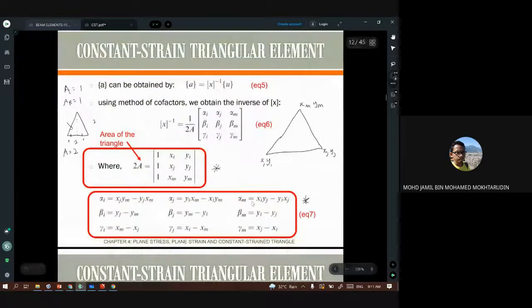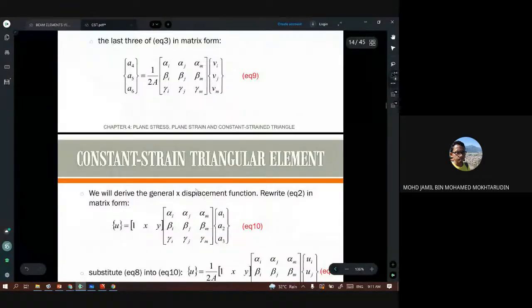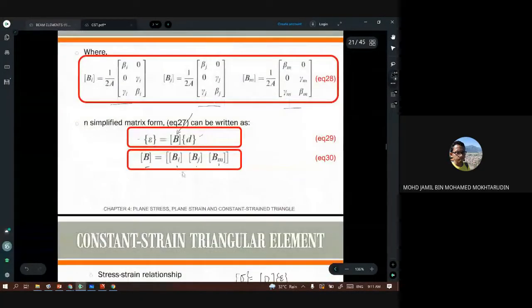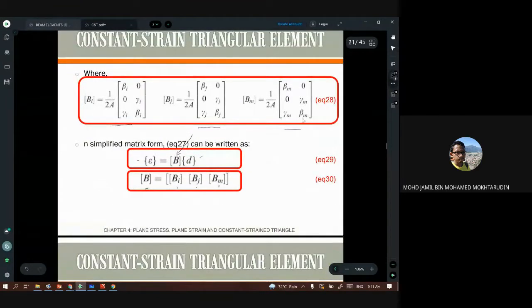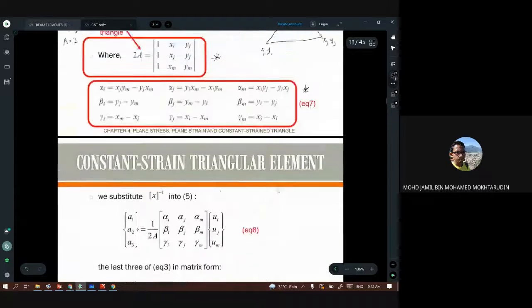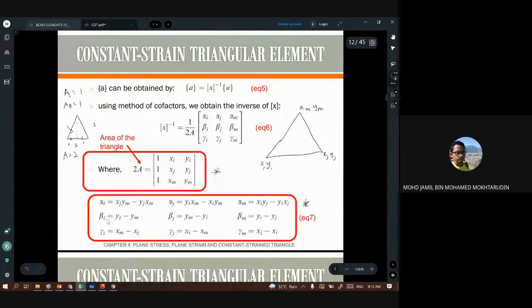And then the formulas to calculate B. BI equals 1 over 2A times beta, gamma. So there are beta and gamma here, and you can calculate them from this formula. Beta and gamma depend on the coordinates of the triangle.